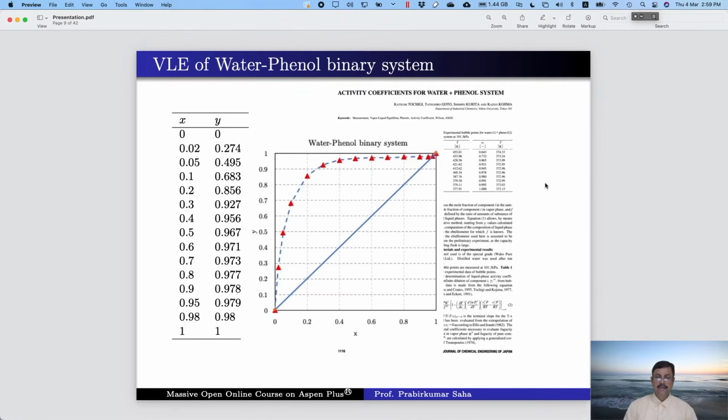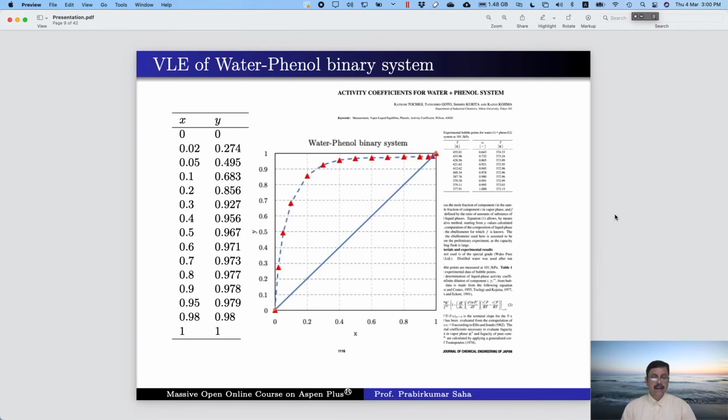Let us try. We have got the data from this particular journal paper, Journal of Chemical Engineering of Japan. They have published some paper and I have taken the data from there. And this is the XY data and I have plotted it over here. Okay. This is the experimental data. Now let us see whether the ideal model behavior works for it.